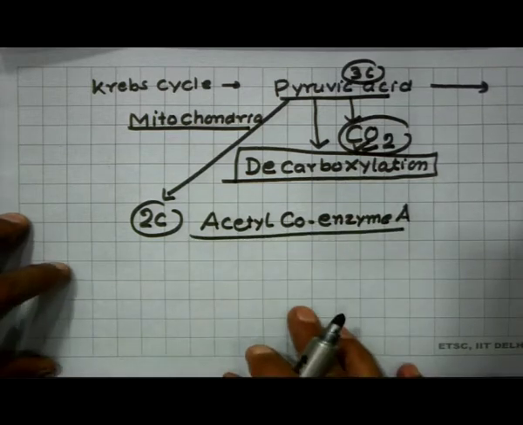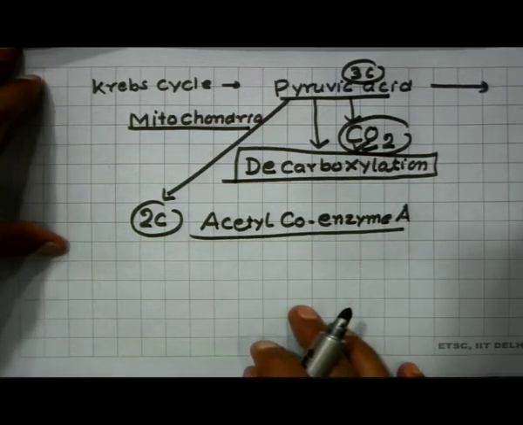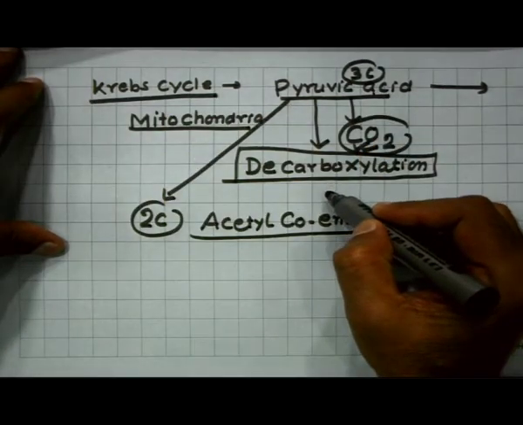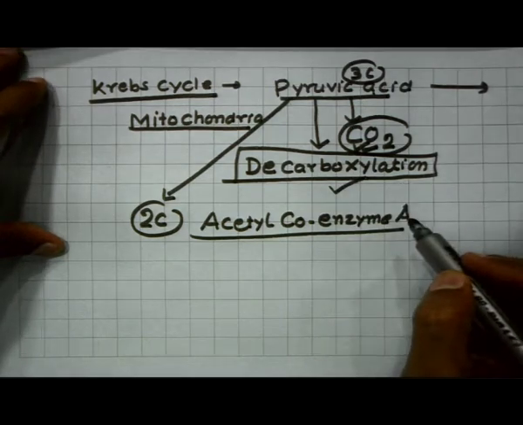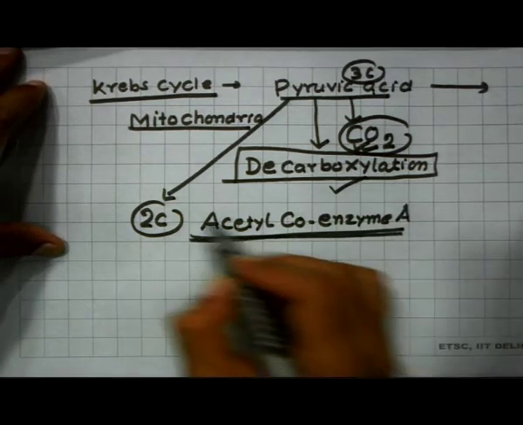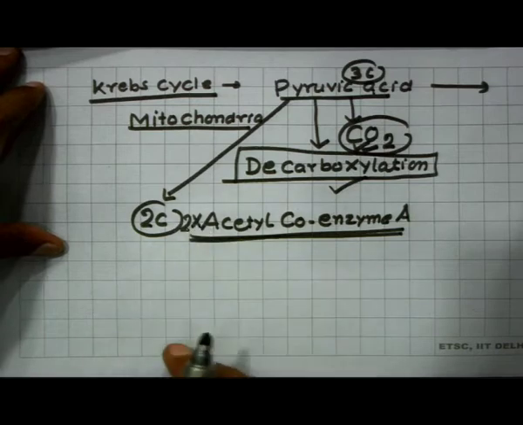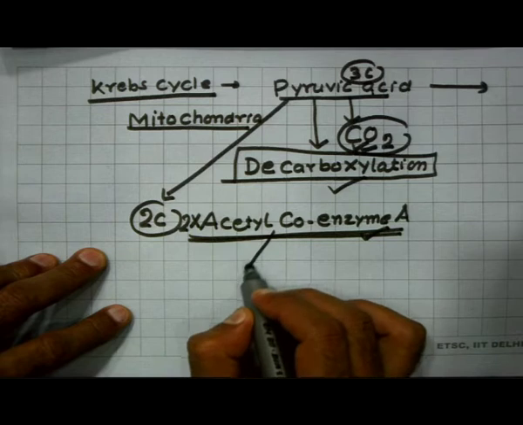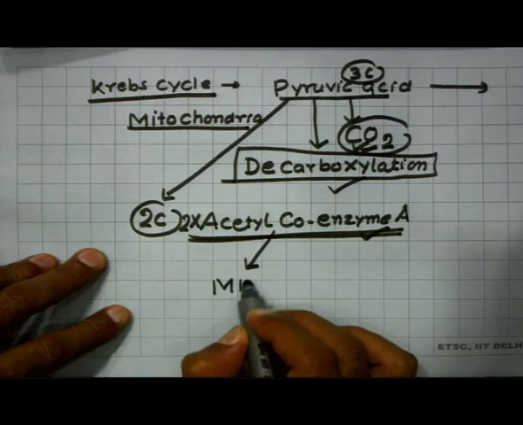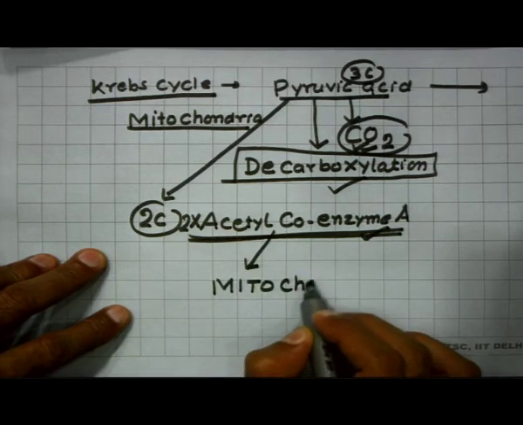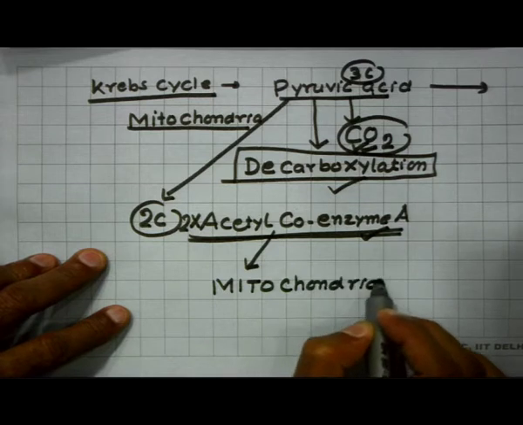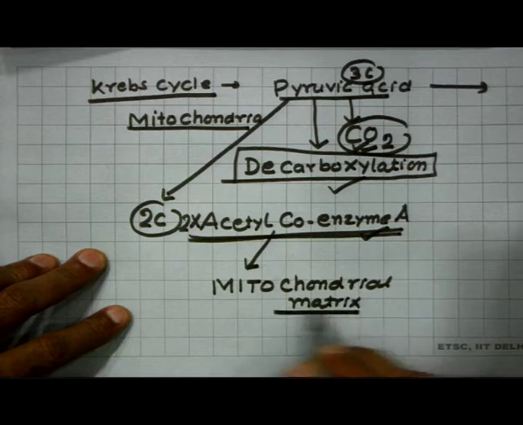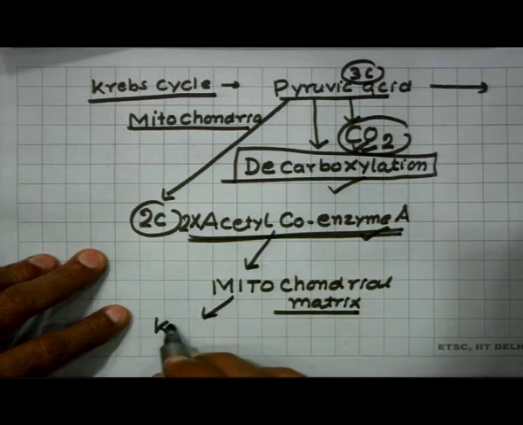So, before participating in the Krebs cycle, the pyruvic acid undergoes decarboxylation, forming 2 molecules of acetyl coenzyme A. This acetyl coenzyme A is now able to enter into the mitochondrial matrix, where the further reactions of the Krebs cycle take place.